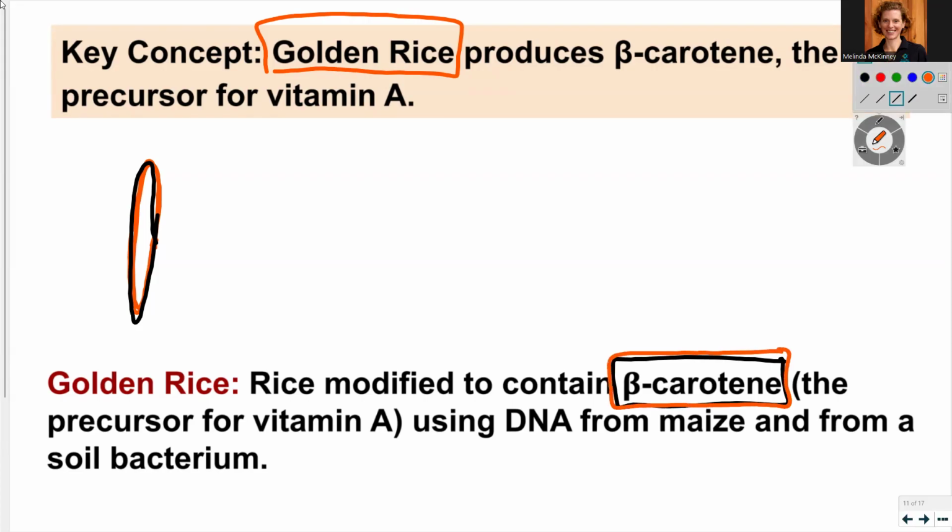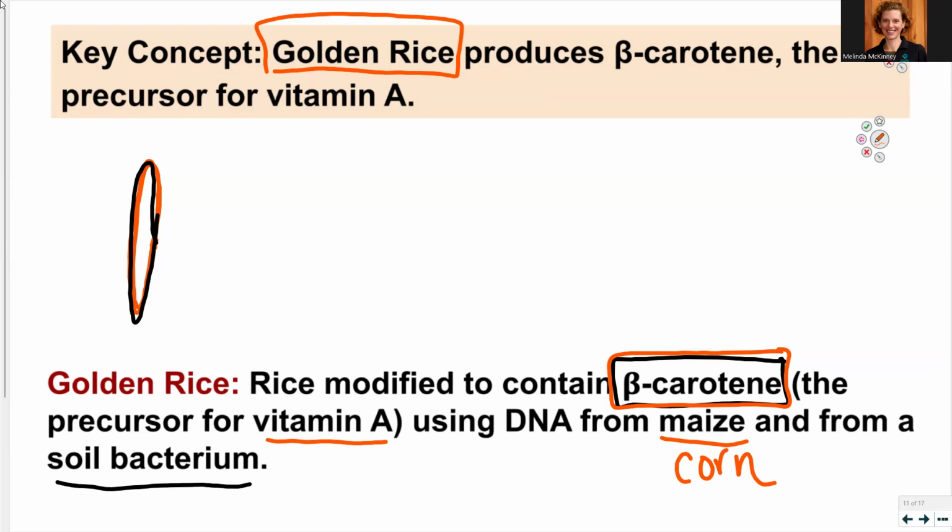And a lot of individuals in countries where they had nutrient deficiencies were running into issues with their vision because they had a vitamin A deficiency. And so by adding in this gene from maize, which is corn, okay, so they used a gene from corn and a gene from soil bacteria. So they took genes from two different organisms. So this is my rice, right?